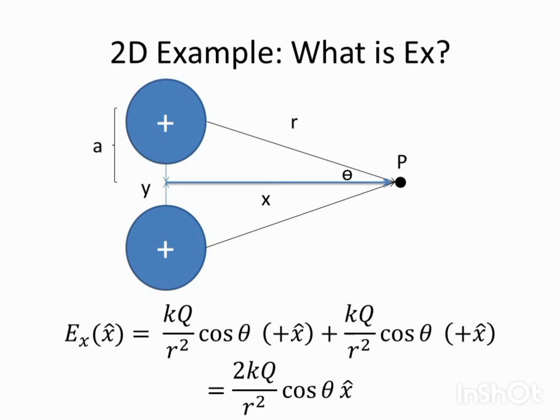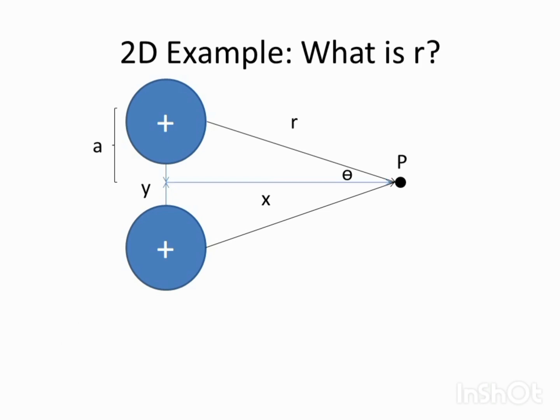What about the x component of the electric field? The component from the bottom point charge is equal to kq/r² cos theta in the positive x direction. The component from the top point charge is the same, meaning that we can determine the final electric field by adding them together. However, we are now left with two variables that were not given to us in the initial problem, r and theta.